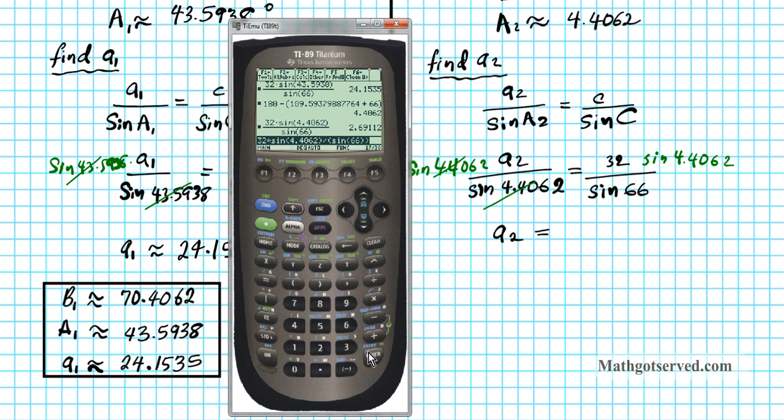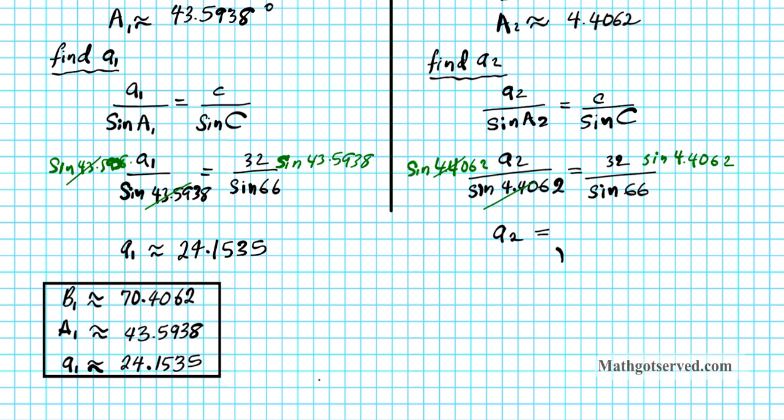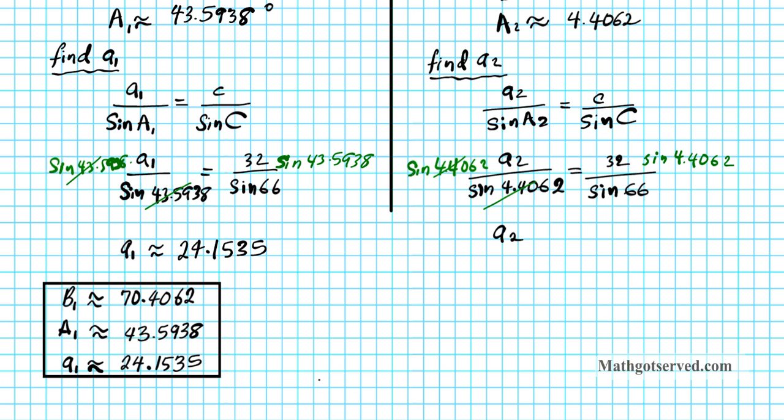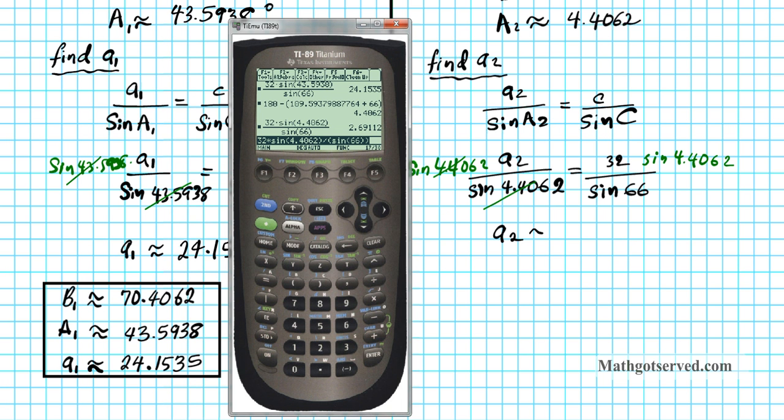That gives me a value of 2.69112. So a2 is approximately 2.69112.